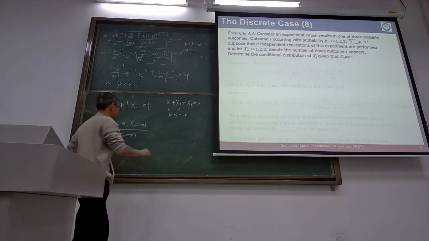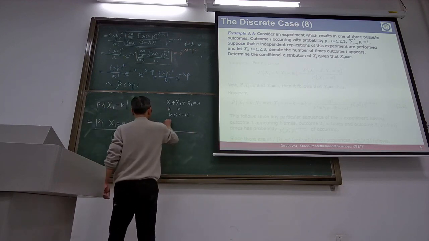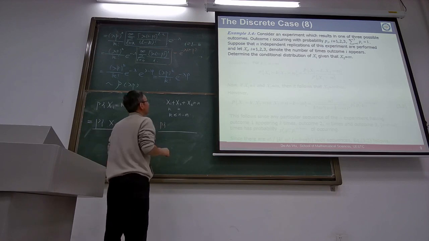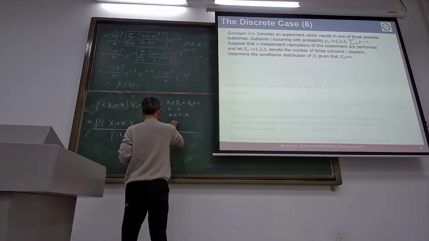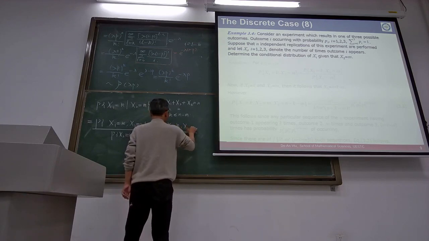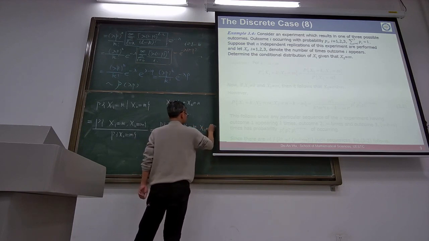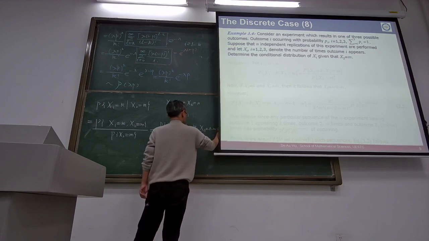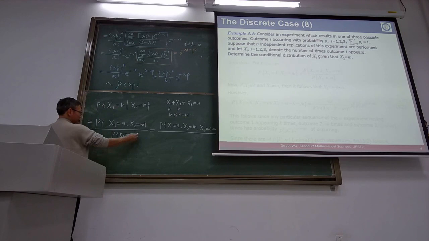The numerator is the probability that X1 equals k, X2 equals m, and X3 equals n minus m minus k. How to find this one?